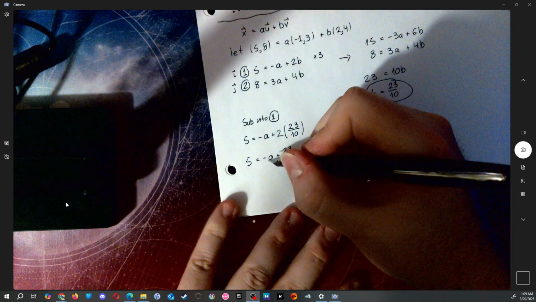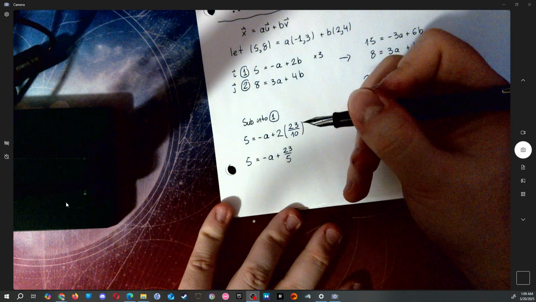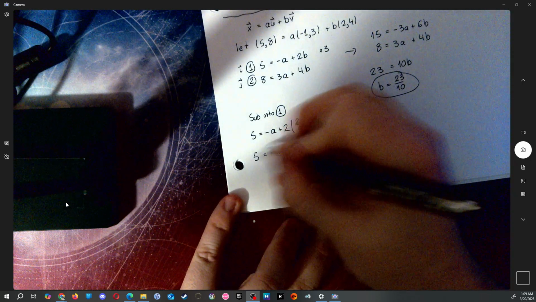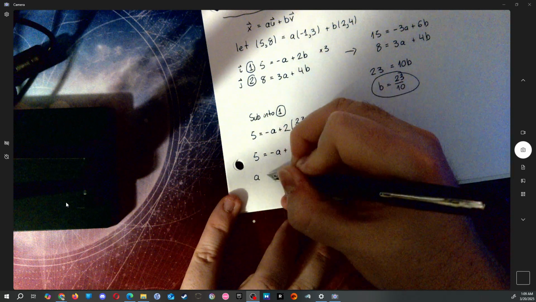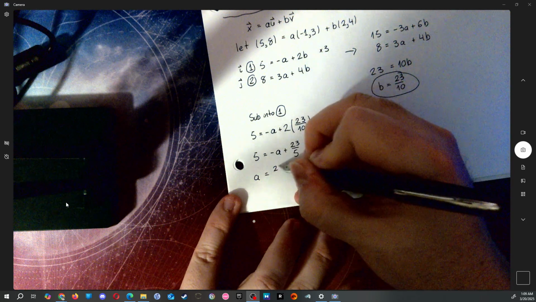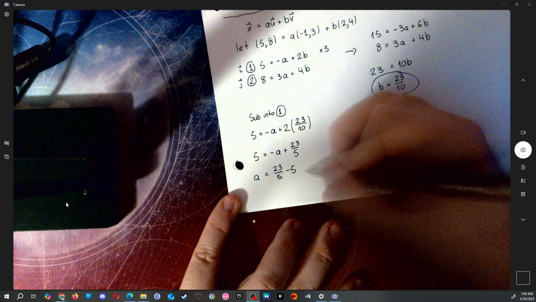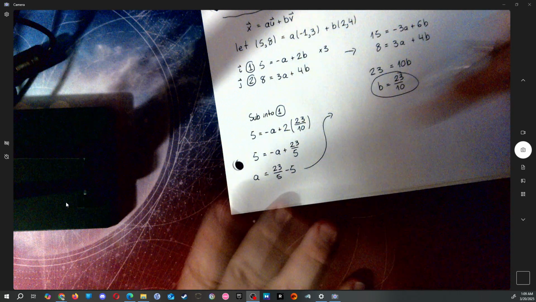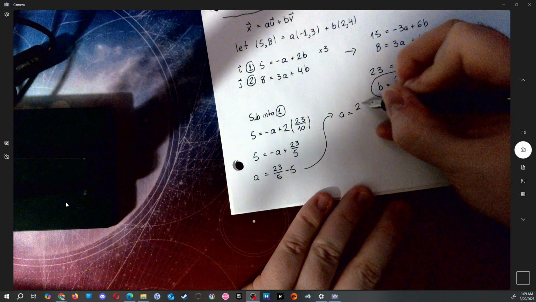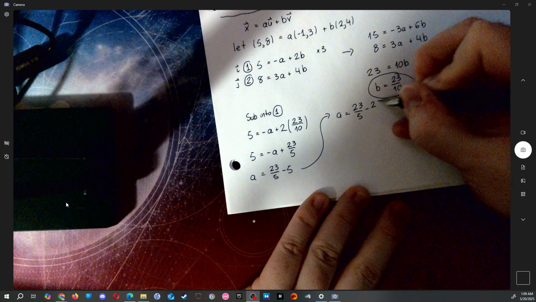Now let's just move the a over to the other side. I don't know why I'm thinking about this so much. So I'm going to move the a over to the other side so it becomes positive, and the 5 over to the right side, so it becomes 23 over 5 minus 5. Then, again, just our simple calculations. a is equal to 23 over 5 minus 25 over 5, right?